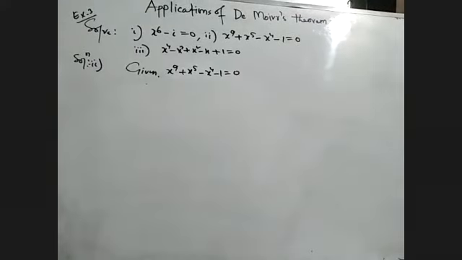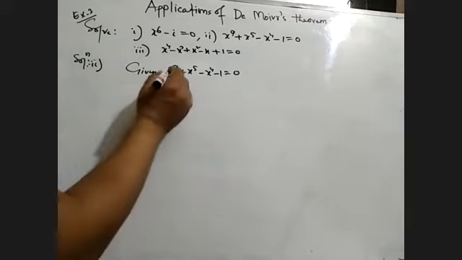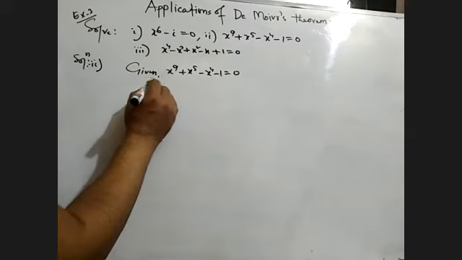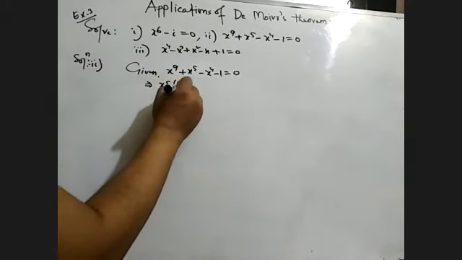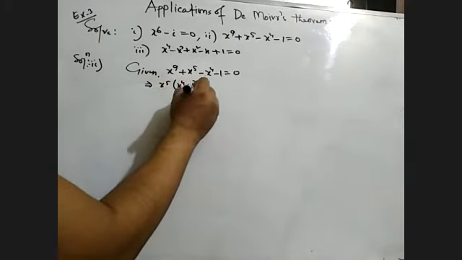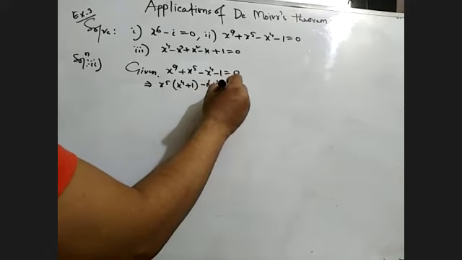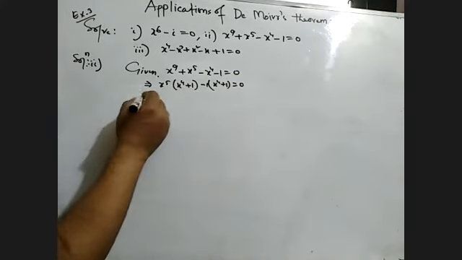This is the given equation. Now you have to find the roots of this algebraic equation. From this we can take common x to the power 5, x to the power 4 plus 1, minus 1 will be x to the power 4 plus 1 equals 0.